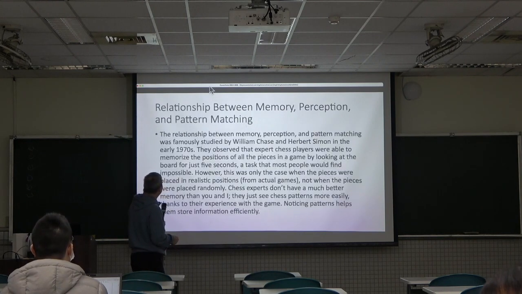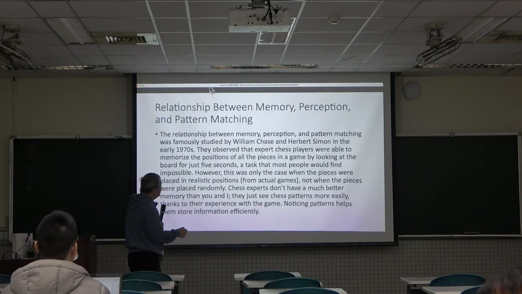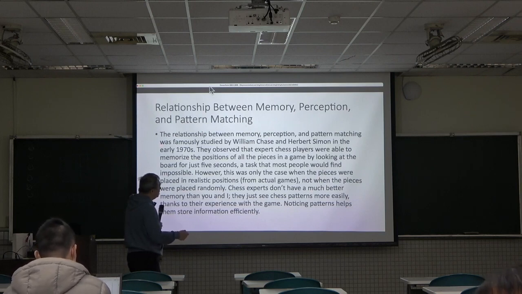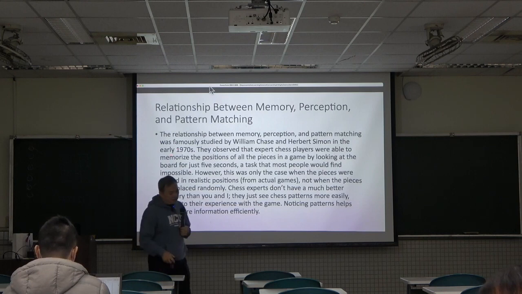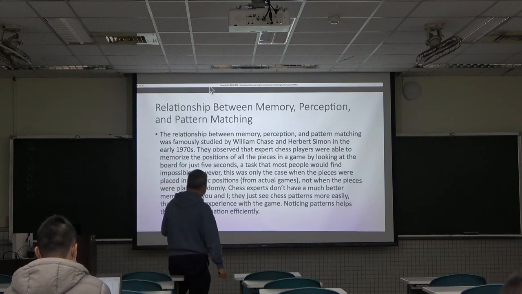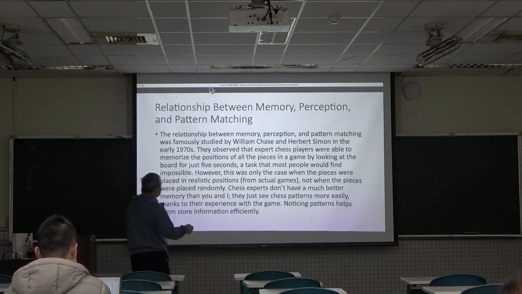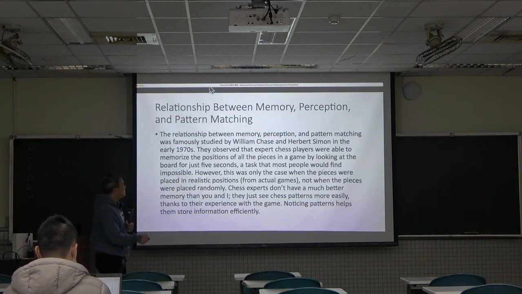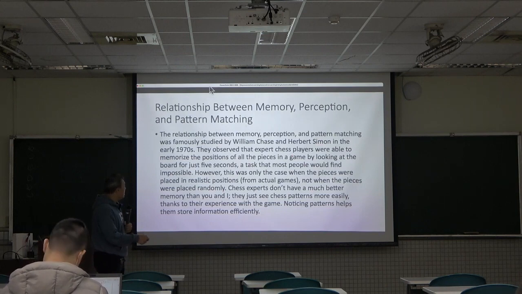The relationship between memory, perception, and pattern matching was famously studied by Chase and Simon in the early 1970s. This was done by a psychologist. They observed that expert chess players were able to memorize the positions of all pieces in a game by looking at the board for 5 seconds.